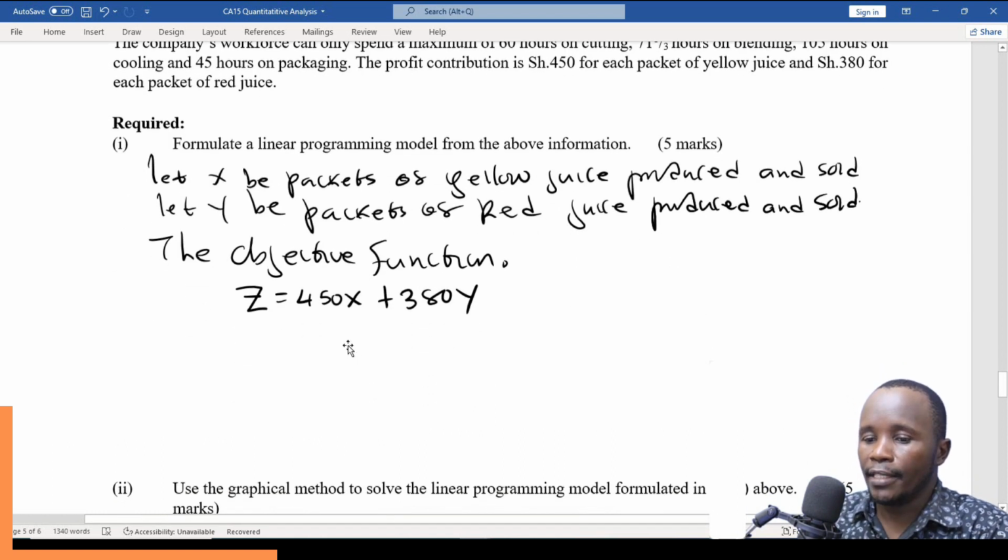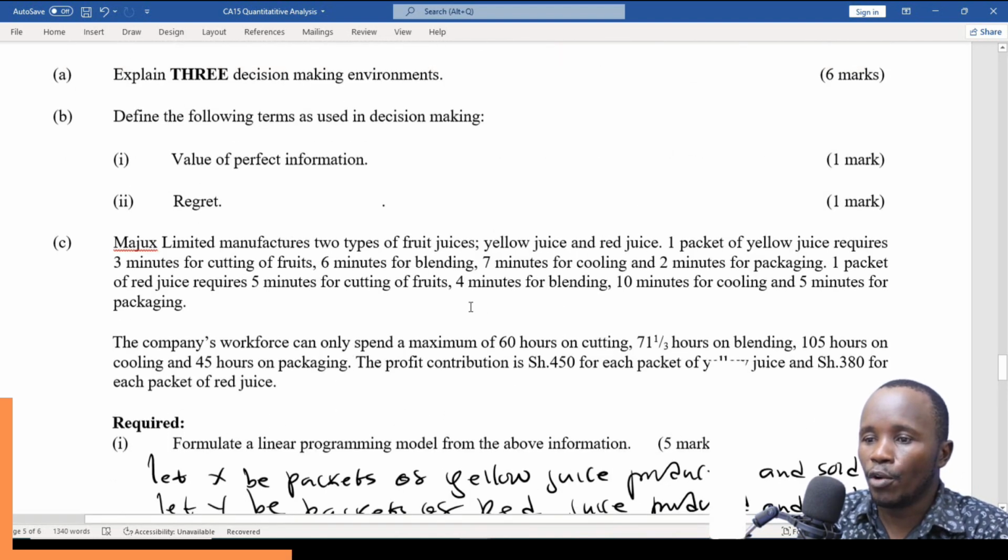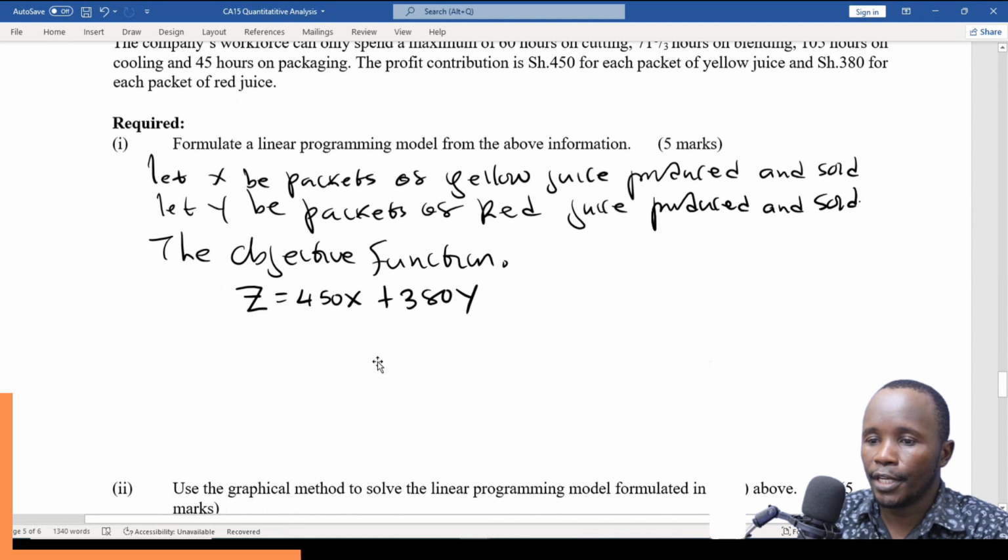Now, having done that, the next inequalities we can get from the information given: we have constraints, that is cutting, blending, cooling, and packaging. There are 4 of them, not 3.